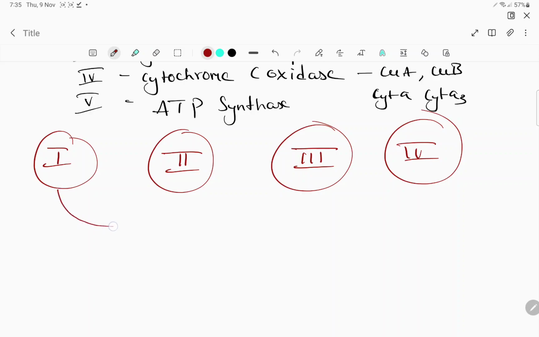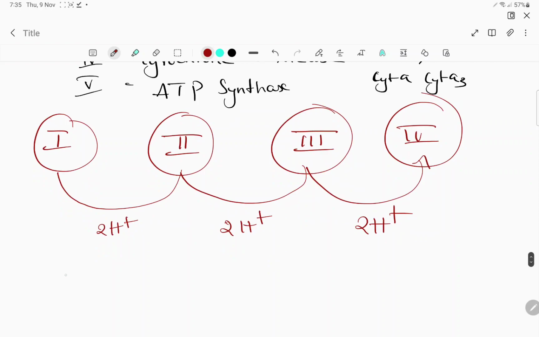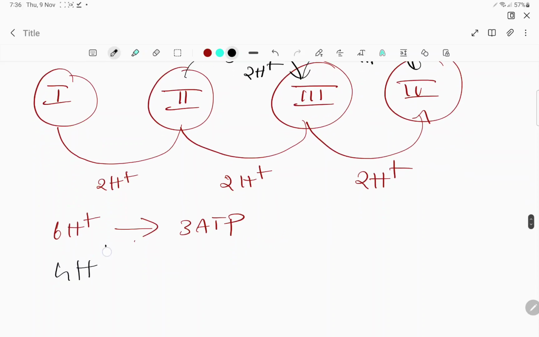The electrons move from 1 to 2, so 2 protons for 2 electrons. From 2 to 3, 2 protons. From 3 to 4, 2 protons. Totally 6 protons. For every 2 protons, 1 ATP. So totally 3 ATPs for NADH2. For FADH2, from 2 to 3, 2 protons, and 3 to 4, 2 protons. So totally 4 protons for FADH2, so 2 ATP. Done. This is the ETS complex.